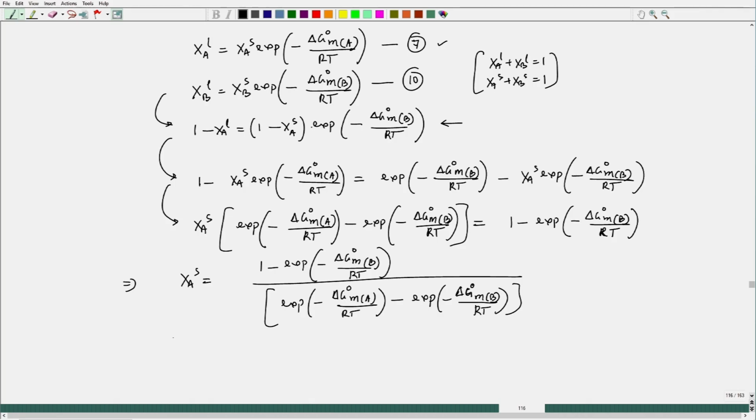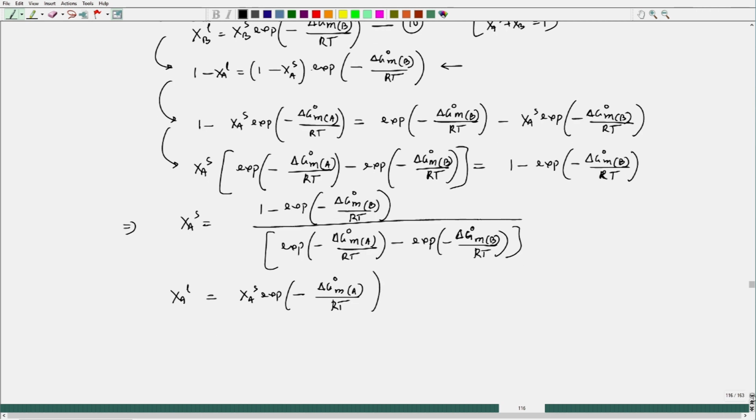I can find out XAL. XAL equal to XAS exponential minus delta G naught M A divided by RT. So this is equation 7.